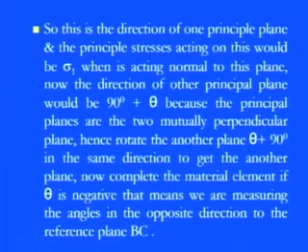Now we can complete all of this when the angles are positive. But if theta is negative, that means we are measuring the angle in the opposite direction, going towards the other side of the reference plane BC. Right now theta was positive, so we are simply going in this direction.